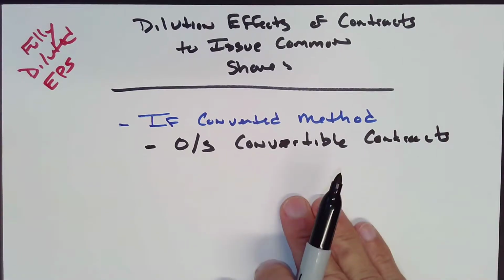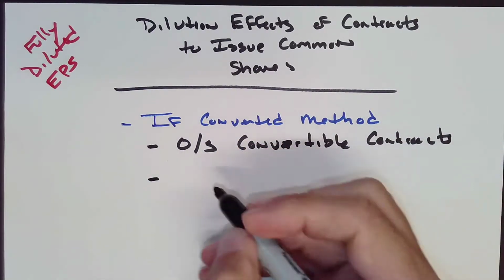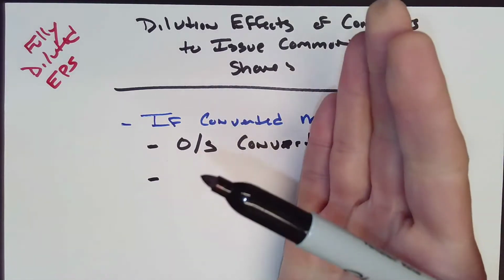The if converted method assumes, right, if we have outstanding convertible contracts, the assumption is that the conversion happens at the beginning of the period.